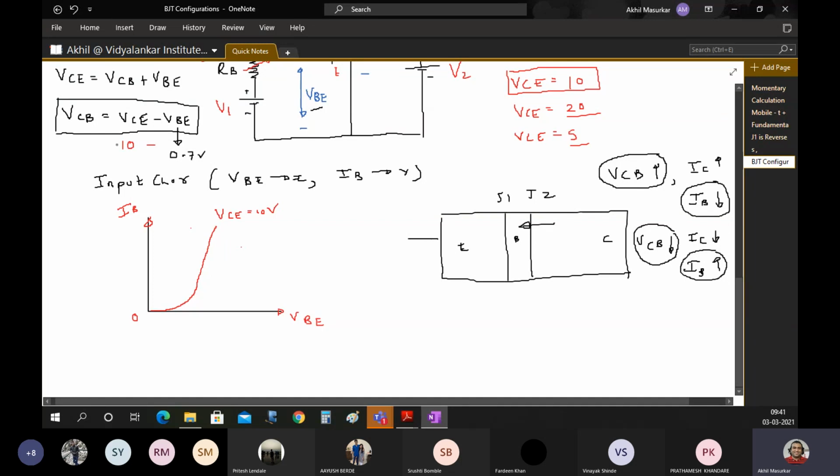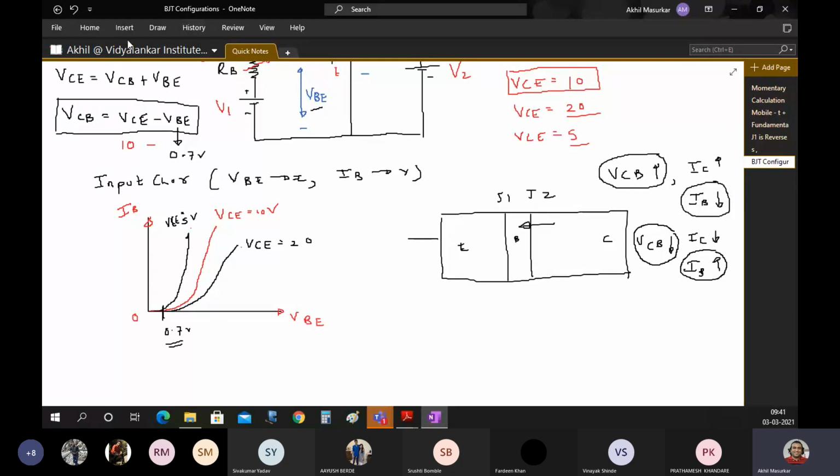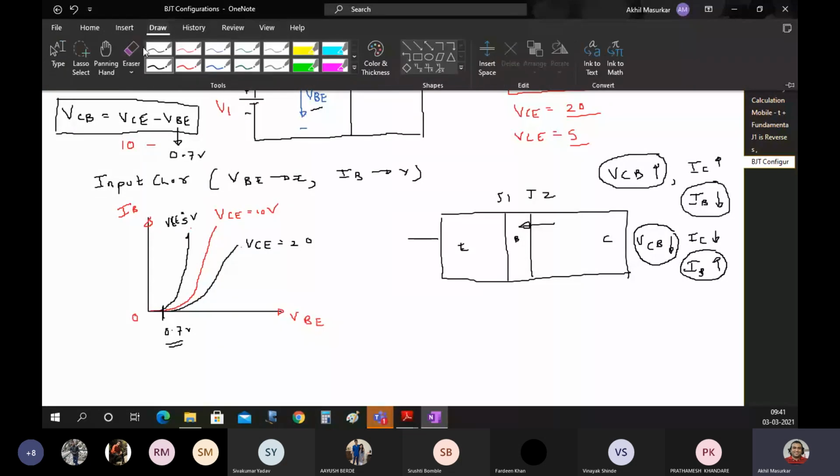This is for VCE equal to 20, and if it is 5, here we will have 5. So this is what we should actually know. And the cutoff point is 0.7 volts. So this is called the input characteristics.